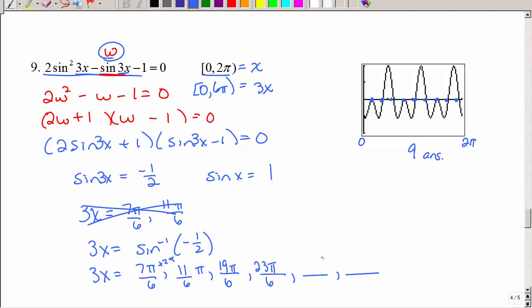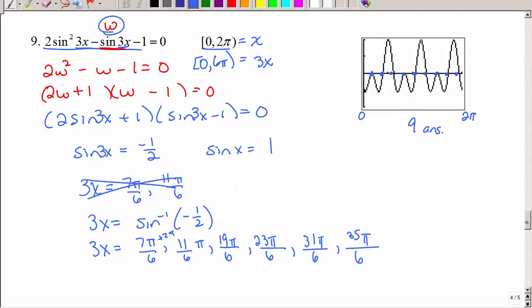Then I'm going to add 2 pi to those two answers. Not done yet, because that's 3x. I need to divide all of these by 3, which means all of those denominators become 18.